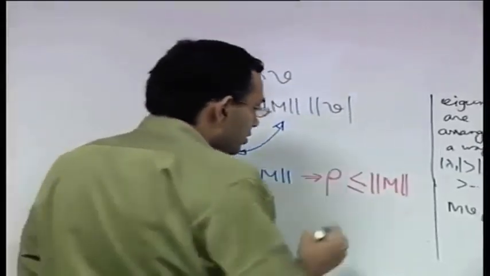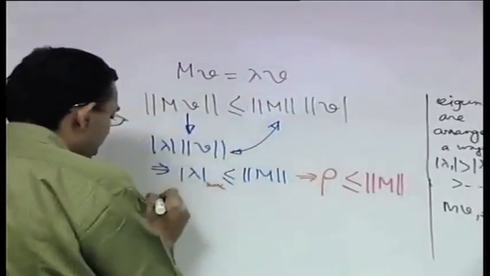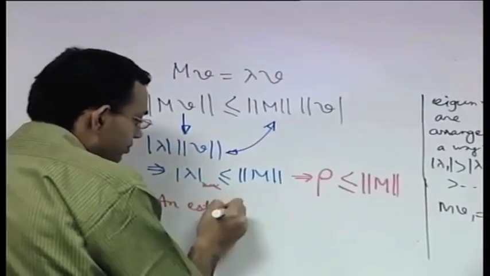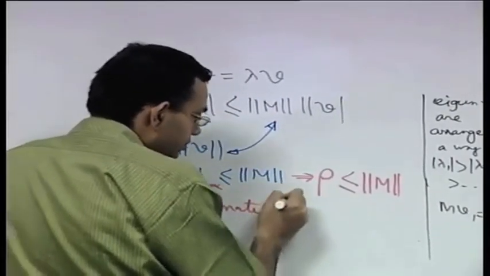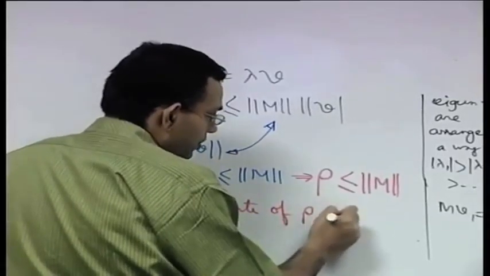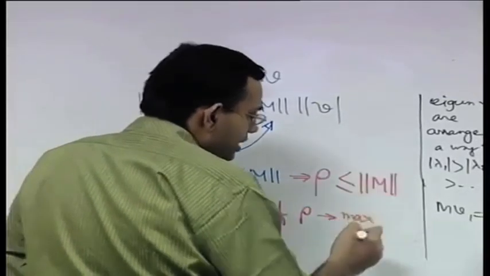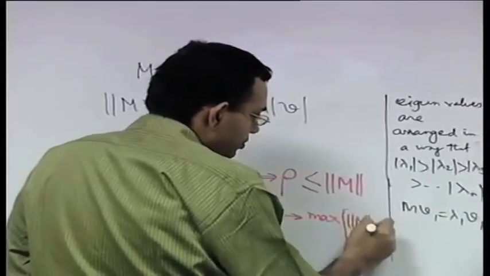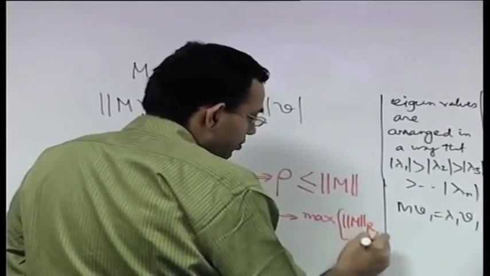So, a conservative estimate of rho is given by the maximum of the row sum norm and the column sum norm.